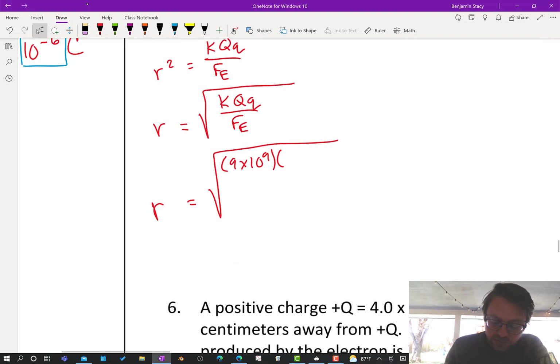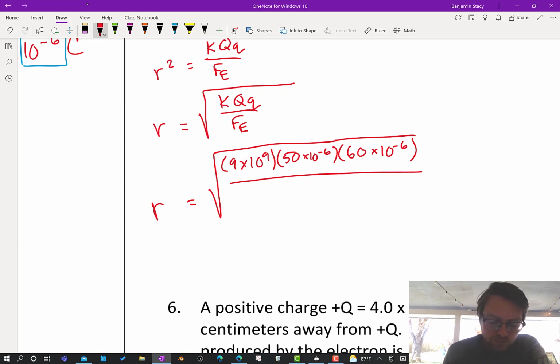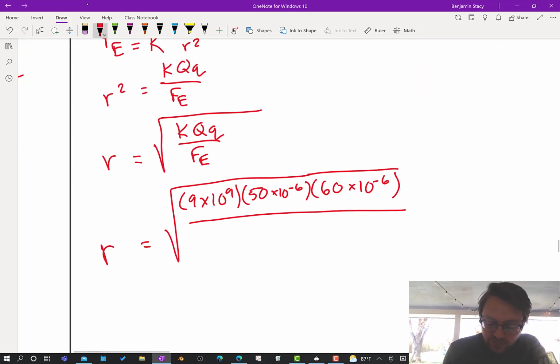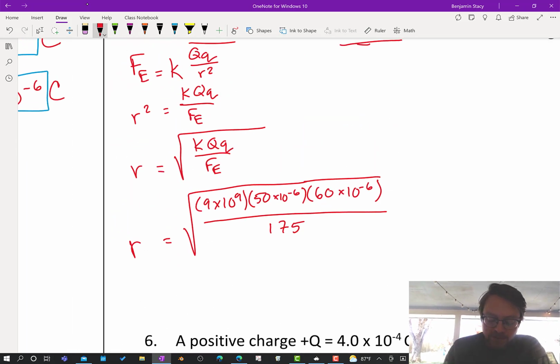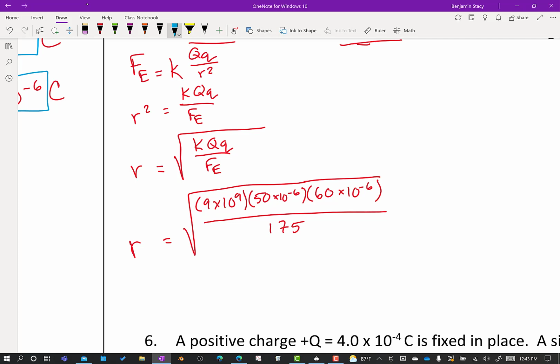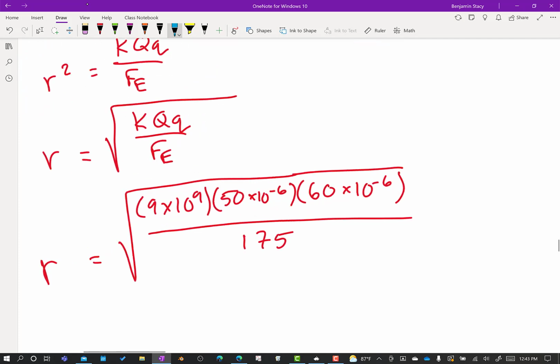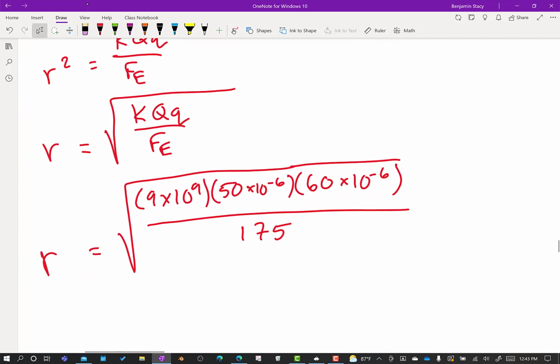All right, let's go. It doesn't matter which one's big Q, which one's little q. So I'm going to go with 50 times 10 to the minus 6, 60 times 10 to the minus 6, over whatever the force is, 175. Now, let's take a moment here, pause. I'm not writing the units because we already have so much stuff written in there. But 9 times 10 to the 9 is always Coulomb's constant.